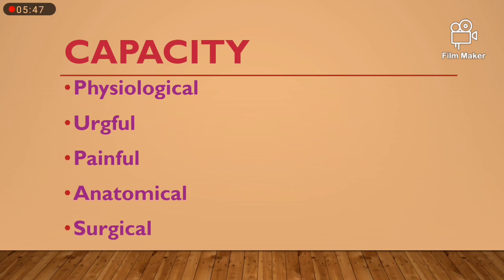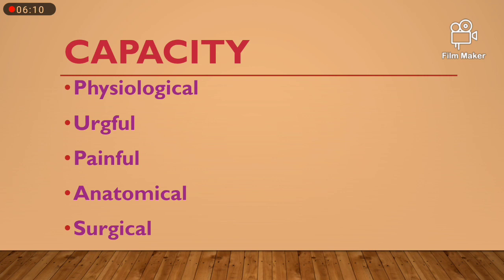After that there will be a painful condition after 550 ml, the painful capacity, and there is an anatomical sphincter at the neck of the bladder, and that sphincter opens under pressure when there is around 800 ml of urine.